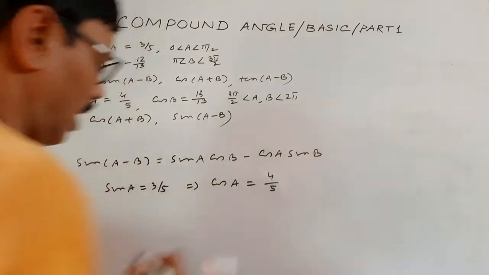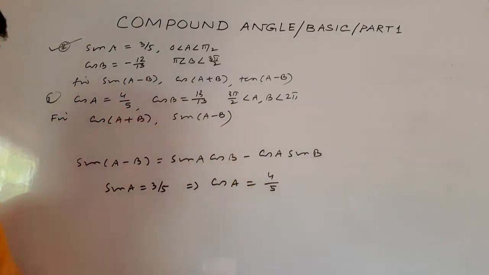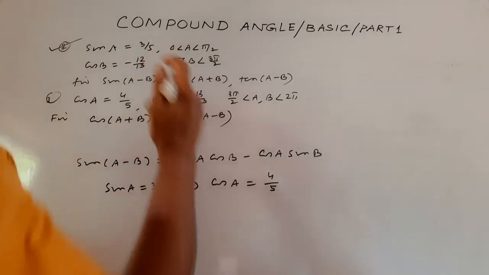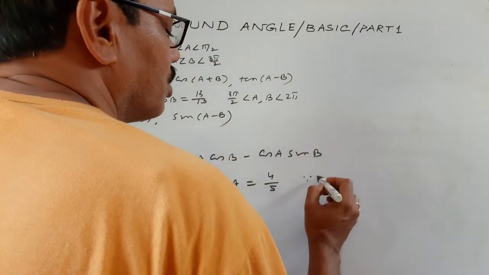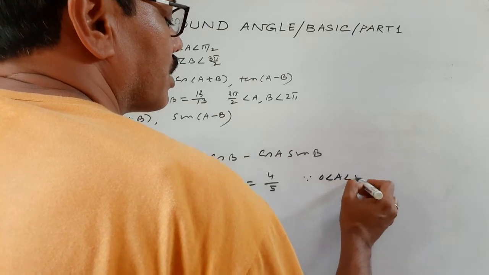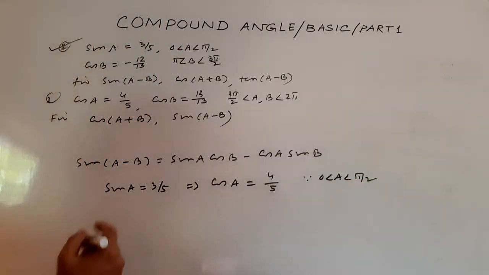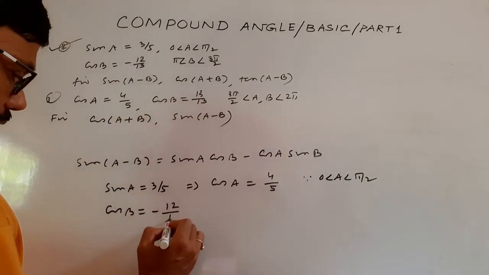You can write it directly: 3, this is 5, base is 4. And A belongs to the first quadrant, so 0 less than A less than pi by 2, cos A is positive.